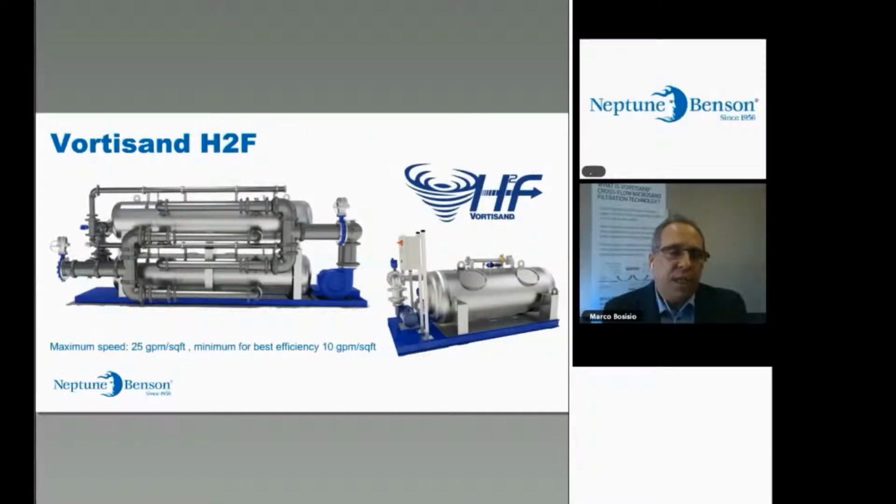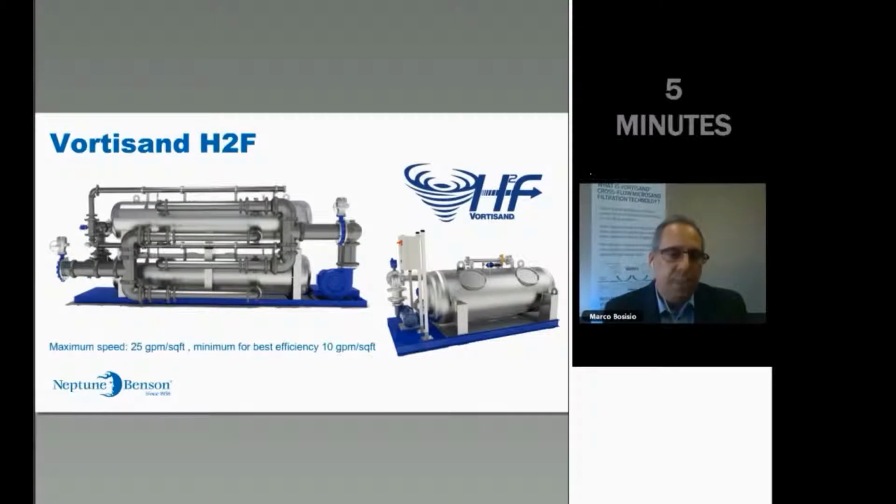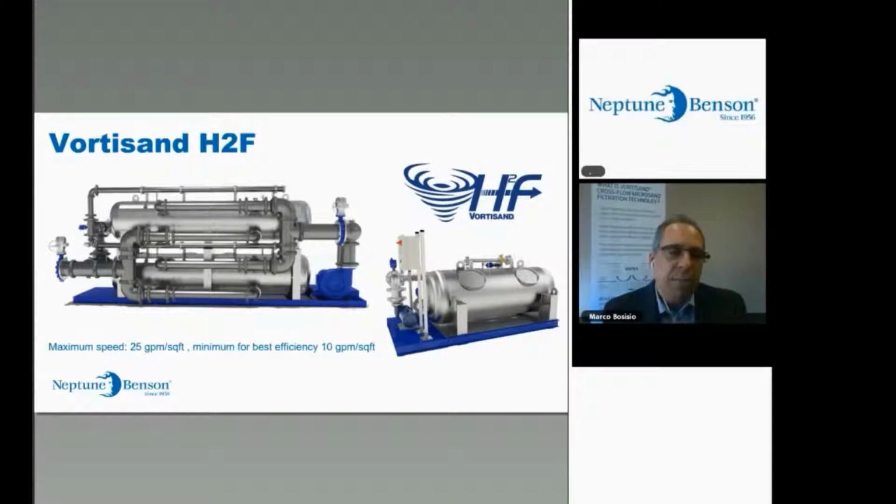But there's also the H2F, which has been designed for 300 GPM on a single vessel, up to 1200 GPM, and it can also be stacked one above the other. Even if it's 300 GPM, 600, or 1200 GPM, the unit is still 36 inches in diameter.